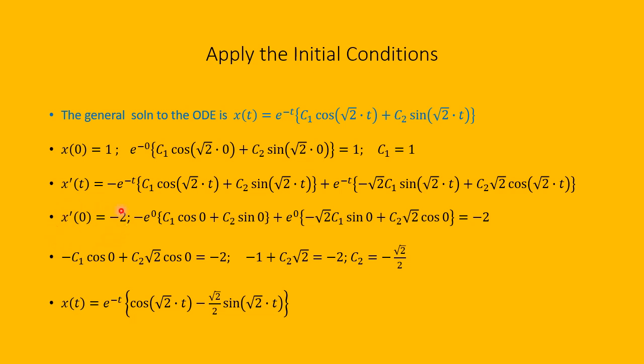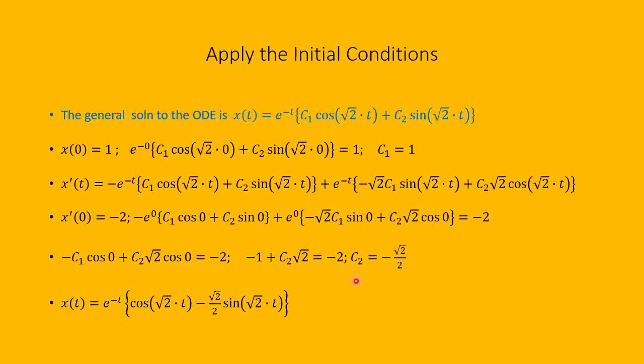Substitute 0 for the t all the way through this equation. Remember, we're trying to fit it to x prime of 0 equals minus 2. Cosine of 0 is 1, sine of 0 is 0, and we use those facts here and here as well. So that simplifies eventually to minus 1 plus the square root of 2 c2 equals minus 2. This is the initial condition.